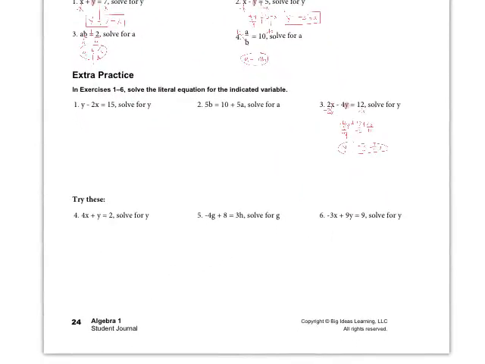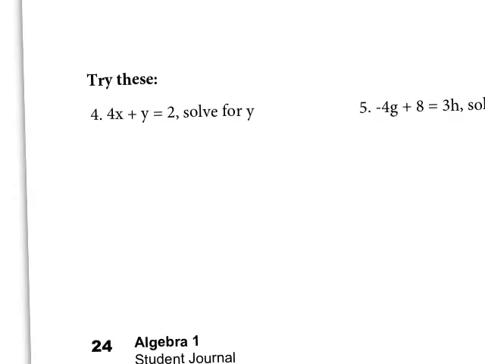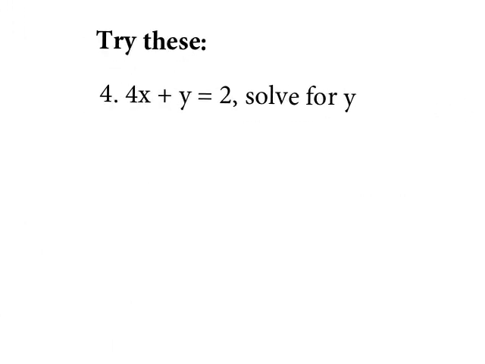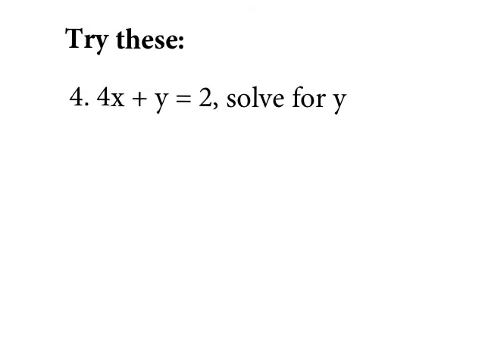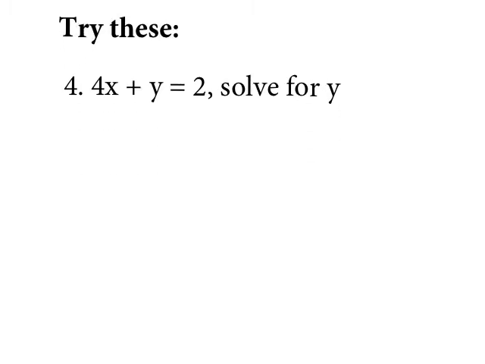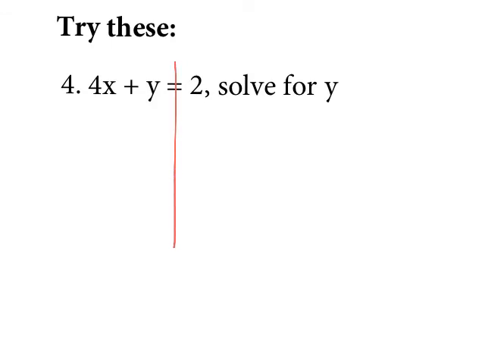So you're doing 4, 5, and 6 together with your groups. Go ahead. Okay, so let's look at number 4. I just want to reiterate, always do opposite operations in reverse order of PEMDAS, right? So addition and subtraction is at the end of PEMDAS. That's what I would want to do first when I'm solving opposite operations. So if I'm trying to get y all by itself, I want to get rid of the addition and subtraction part first.